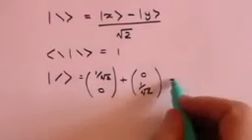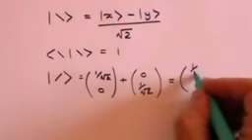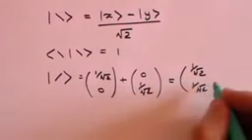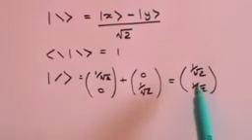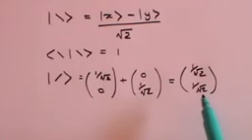And remember, for the addition you just add the two top numbers and you add the two bottom numbers, so that's going to give you 1 over root 2 and 1 over root 2. So the vector representation for a forward slash is 1 over root 2 and 1 over root 2.